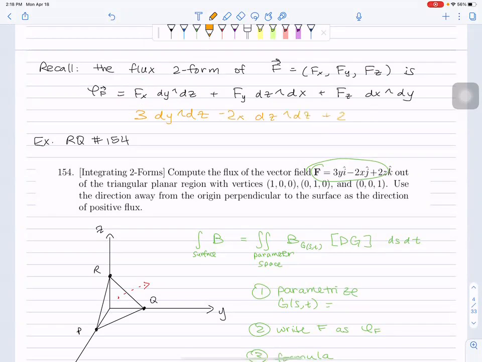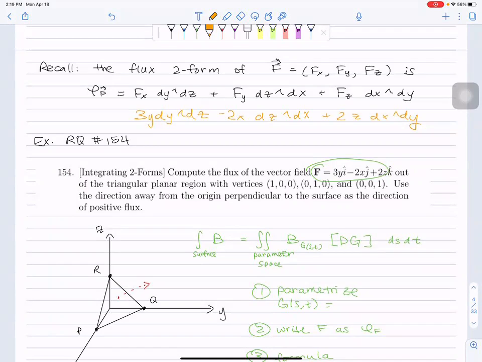And the last thing is 2z dx wedge dy. So this is our 2 form. Oh, 3y, thanks. For the second term, did you write dz wedge dx? Yes, dz wedge dx.